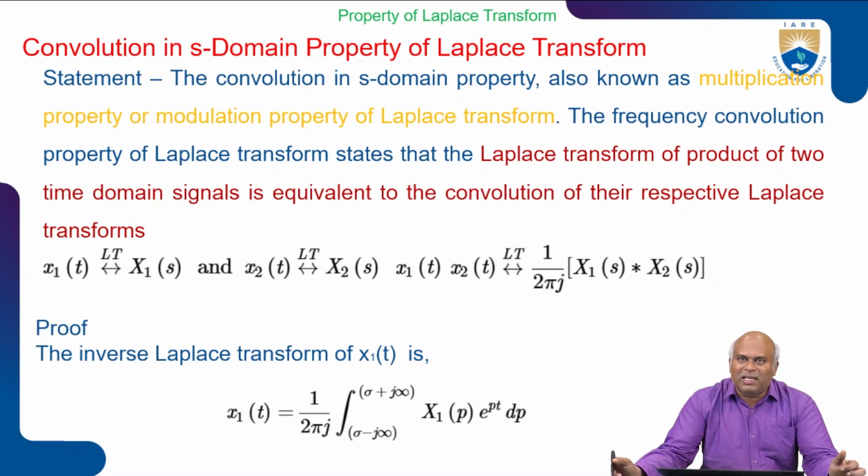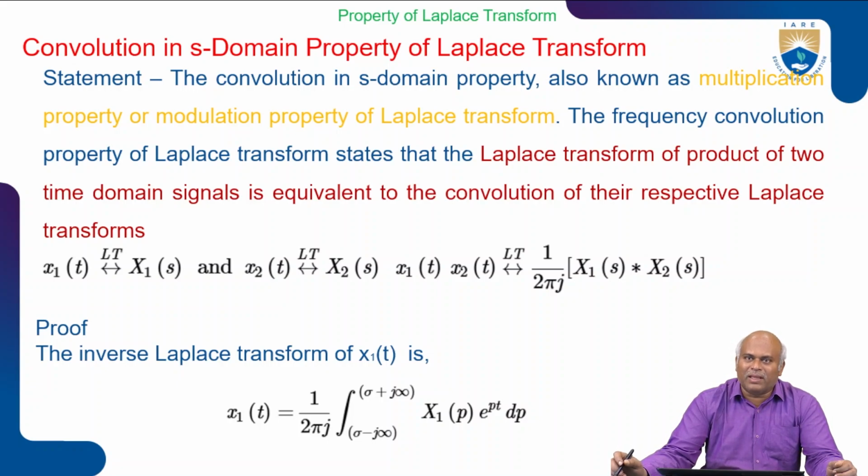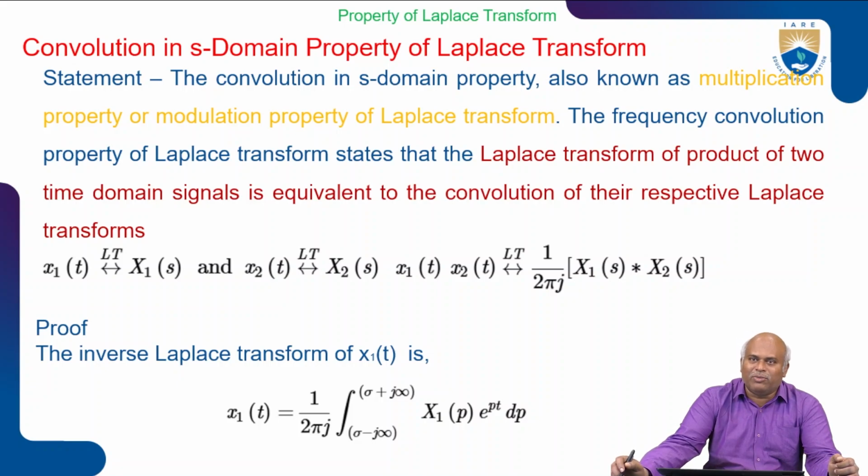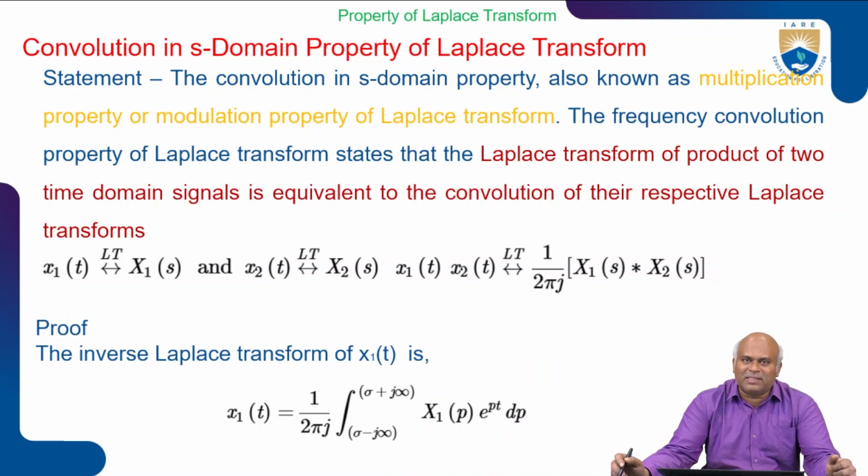As per the statement, I multiply x1 of t and x2 of t, and then take the Laplace transform. The output is 1 by 2 pi j times X1 of s convolved with X2 of s.